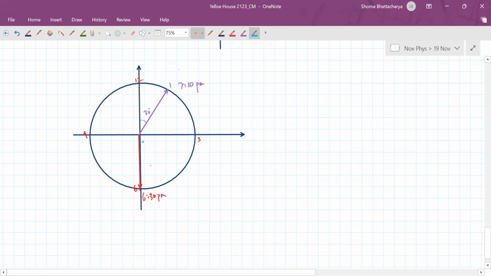So from here to here, it has made a total angular displacement like this. Our angular displacement is in the clockwise direction, so it is minus of 120 degrees or 2 pi by 3.